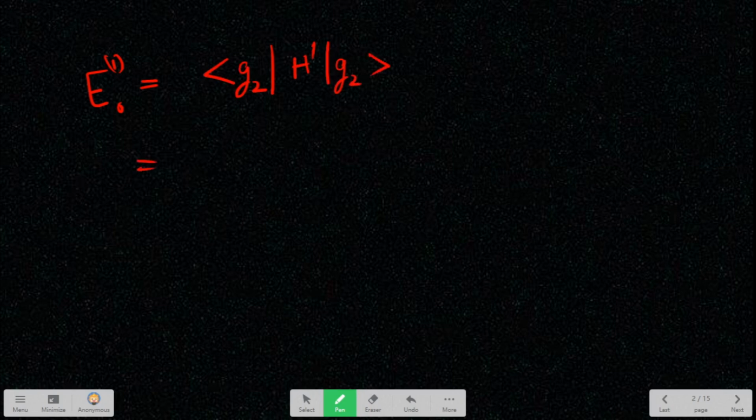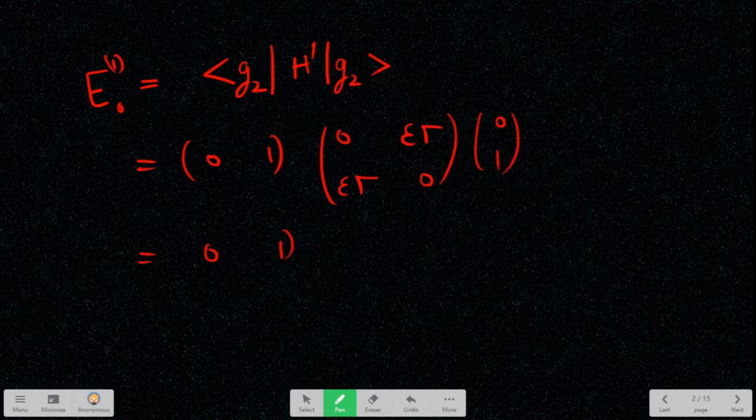This is equal to (0 1) times the matrix (0, epsilon gamma; epsilon gamma, 0) times (0, 1). If you multiply these, you will get epsilon gamma and 0. So this is equal to 0. So the first order correction to the ground state energy is 0.